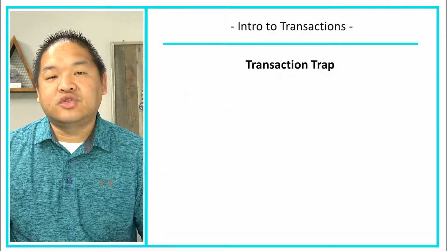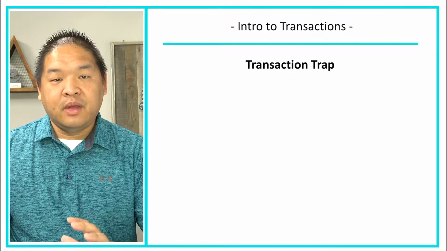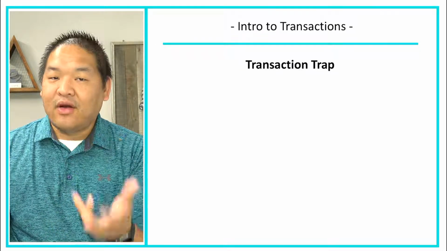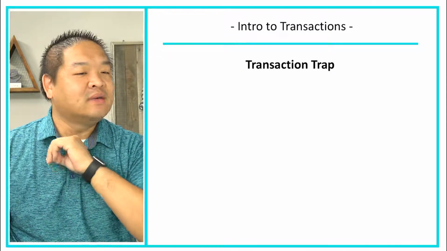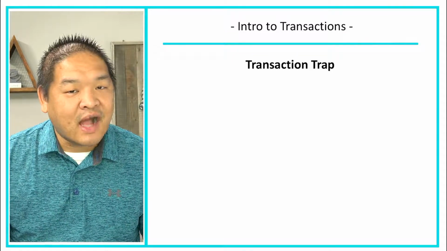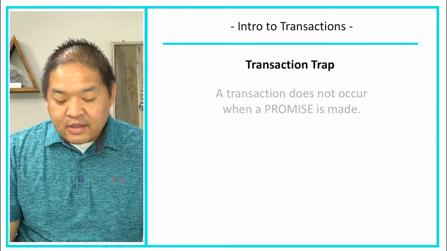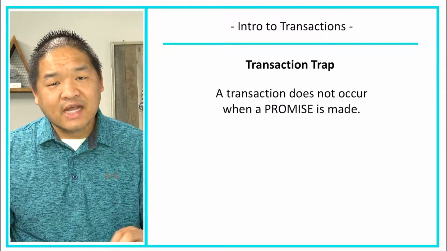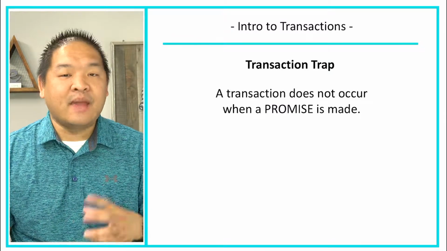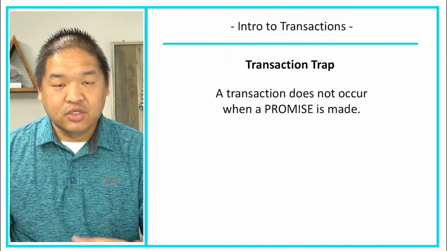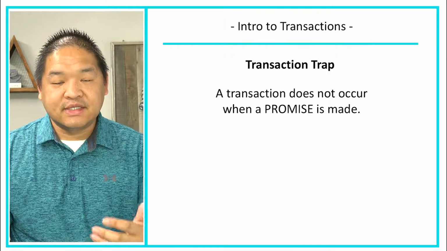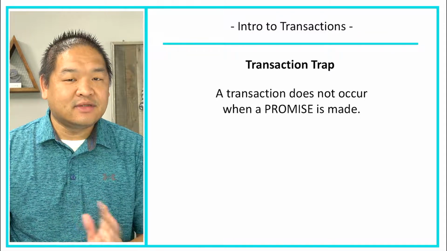Now, there is something called the transaction trap that I want you to be aware of as you go through this, and there are some examples in which I throw in that there isn't an actual transaction because of this trap. A transaction does not occur when a promise is made. When there is a promise, that is not necessarily a transaction.